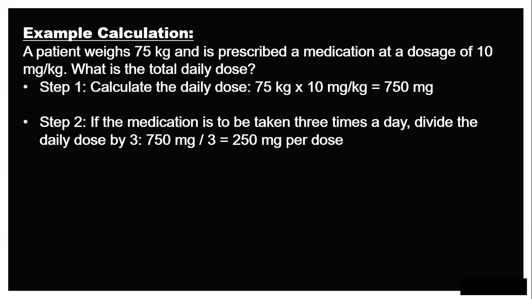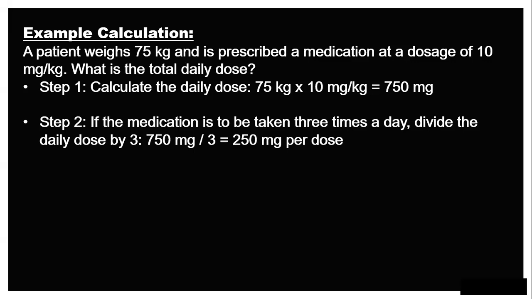Now, if the medication is to be taken 3 times a day, remember that 750 is the total dose of the drug that the person is supposed to take. They have said that the person has to take it 3 times a day: morning, afternoon, and evening. So simply what you do is the division. You take the 750 and divide it by 3, so that you get 250 per day.